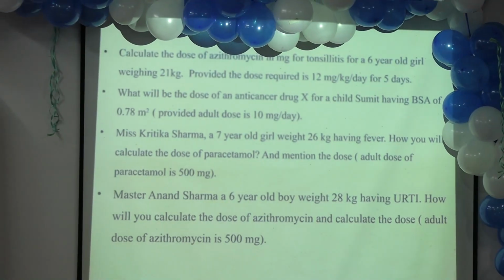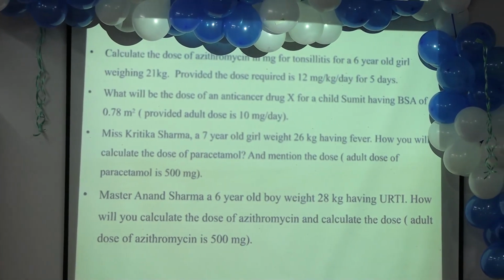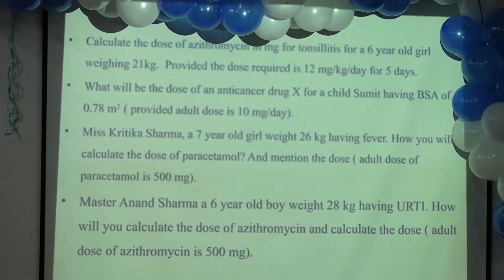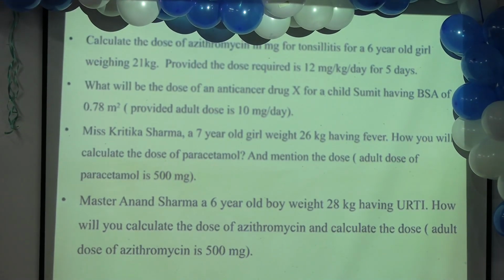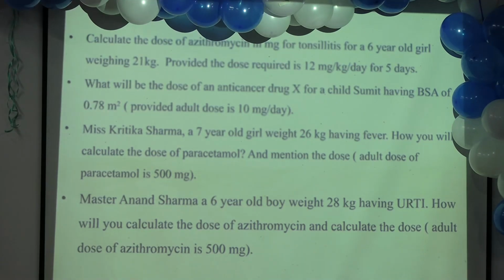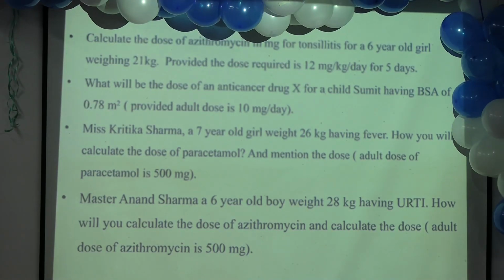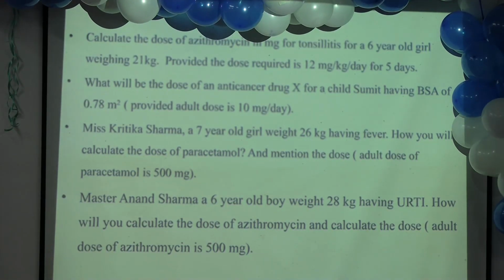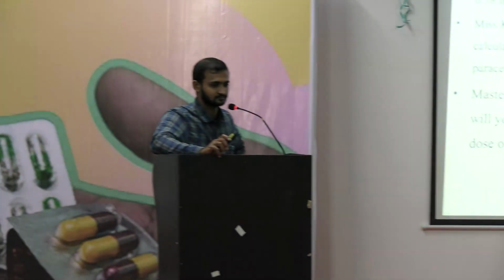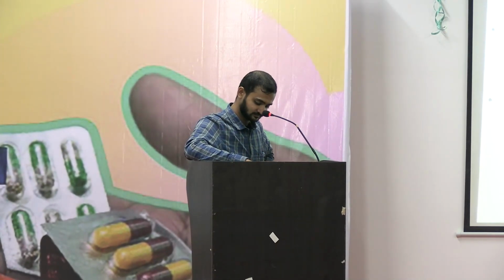Calculate the dose of azithromycin in milligram for tonsillitis for a 6-year-old girl weighing 21 kg provided the dose requirement is 12 milligram per kg per day for 5 days. How will you calculate the dose for this child? What is the formula?